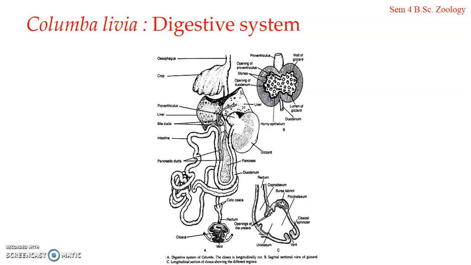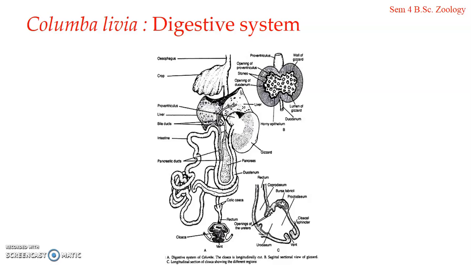When we speak about the internal lining of the proctodium, mesenteron, and the stomodium, we can see that the stomodium and the proctodium are lined internally by the epidermal lining, while the mesenteron is lined by endodermal lining.